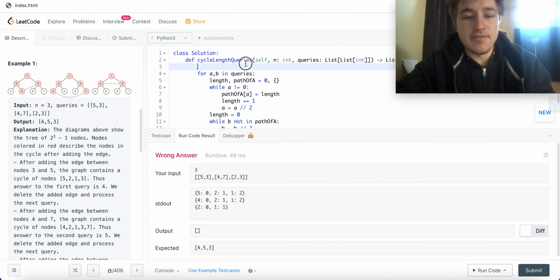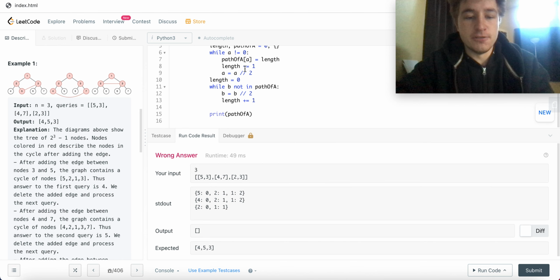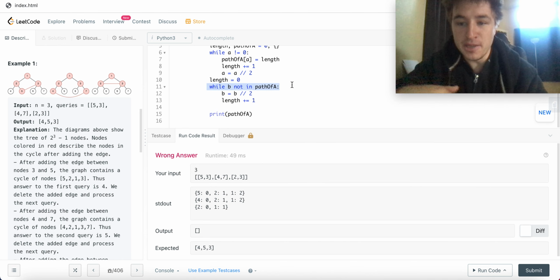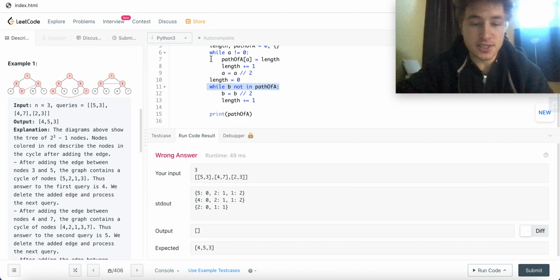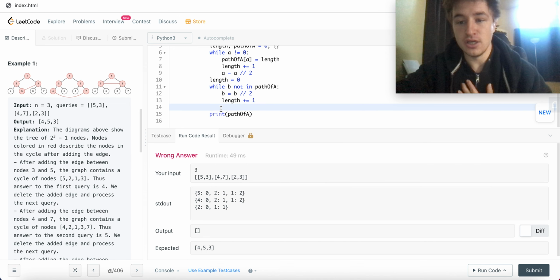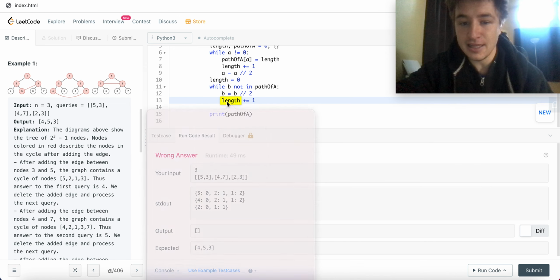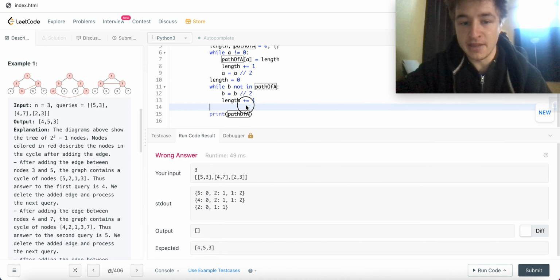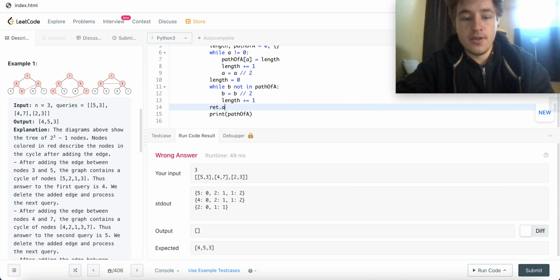And then by the end of it, we'll have a return solution. So eventually B will be in the path of A. It could happen at the root, right? But at some point the paths will intersect. Then we'll know how long it took to get to B using length and how long it took A by using path of A. So we'll return, well, we'll have the length.